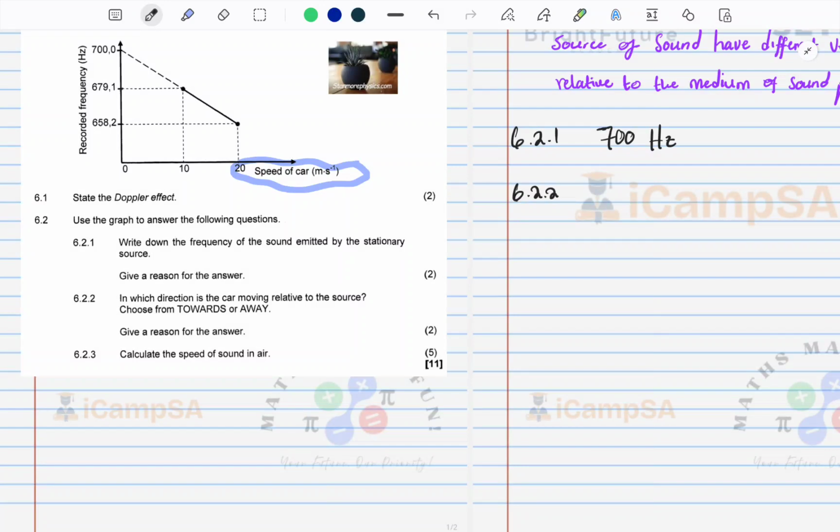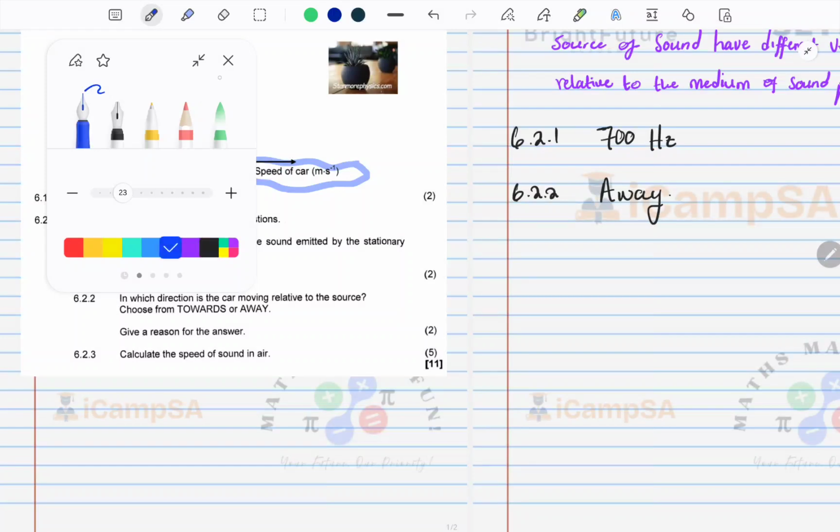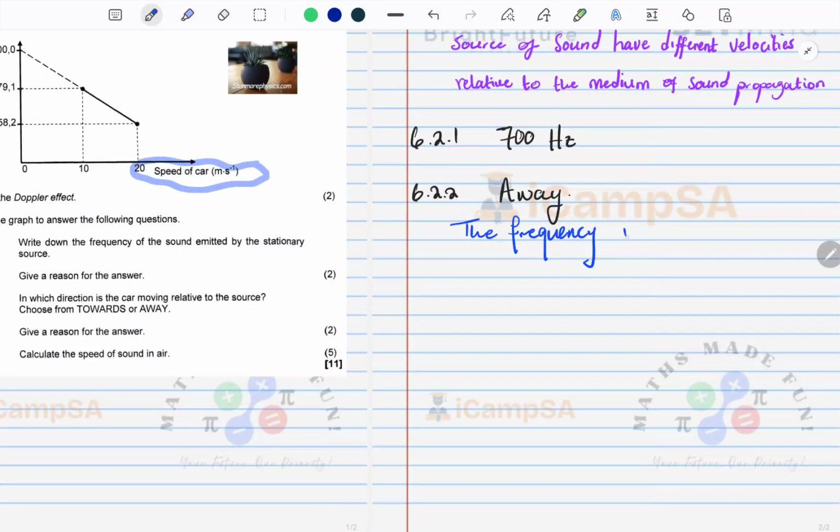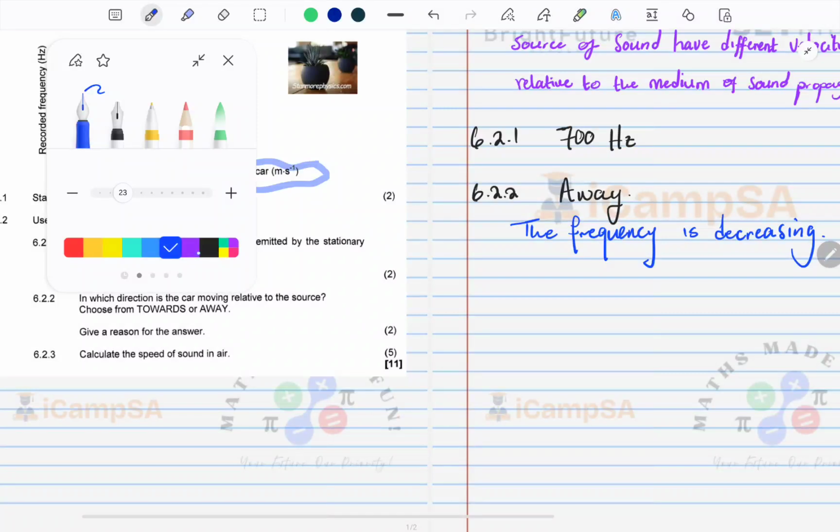Because if you're moving towards the source, then the frequency would increase because you'd hear more sound, okay? But now if you're moving away from the source, it means you're going to hear less and less sound. So that means the frequency is going to decrease. So that means here you are moving away, right? And why is that? Because the frequency is decreasing. Okay, that is as simple as you can put it, right?